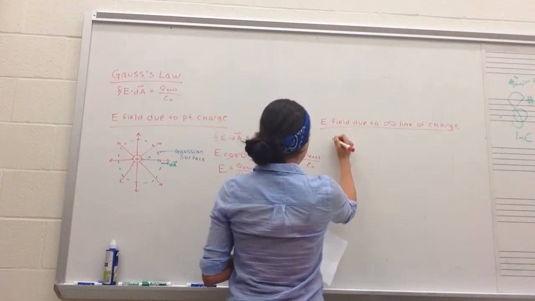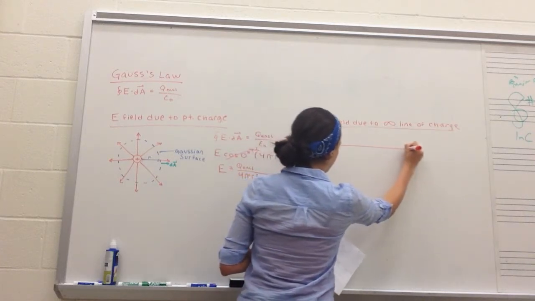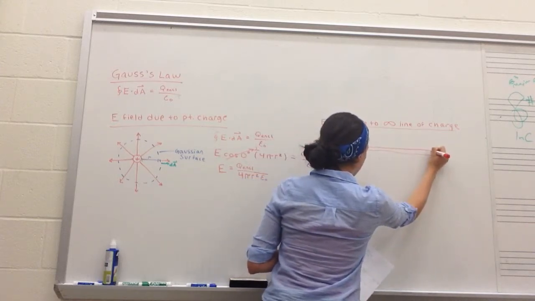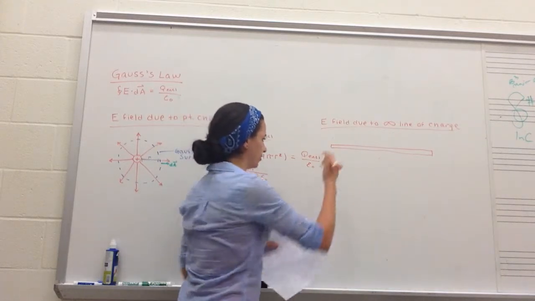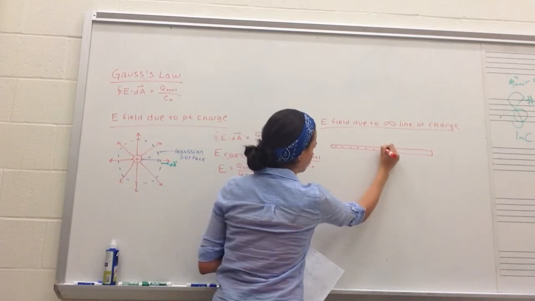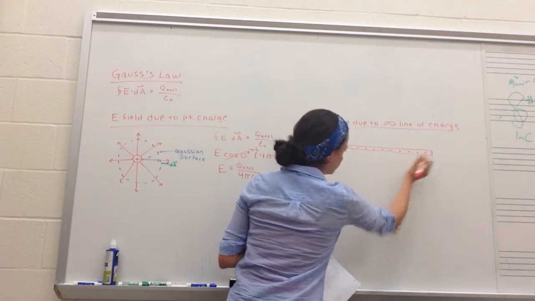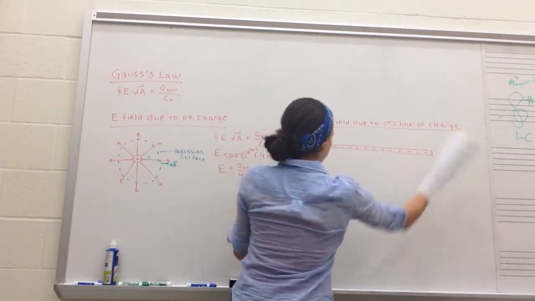Okay, so here is our infinite line of charge, that little box right there, and I'm going to draw a lot of little pluses in it so that we can show that this is a positively charged infinite line. And you're going to have to use your imagination and just know that it extends either way off into infinity.